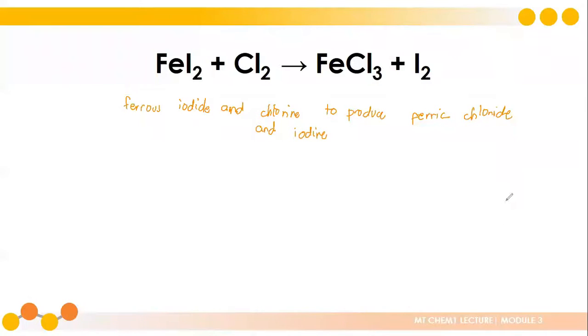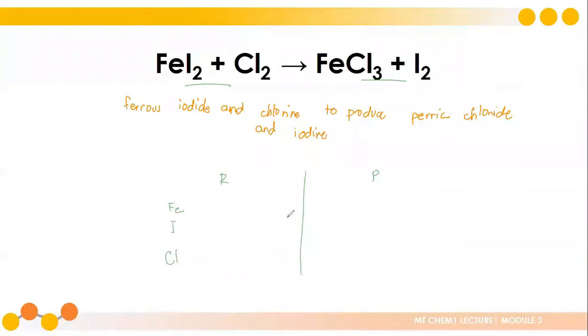Okay? So let's now proceed with listing down the elements for each of the sides. We have again the reactant side and the product side. For the reactant side, we have iron, iodine, and chlorine.